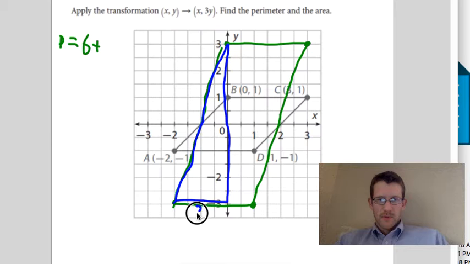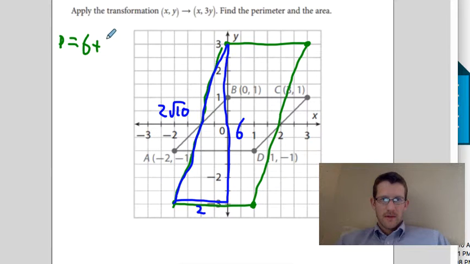It has a width of 2, it has a height this time of 6. Therefore, the length of that, we've done this one, right? It's 36 plus 4, or 40. So the square root of 40, or 2 square root 10 is our length here. 2 square root 10 there. So our final length is 4 square root 10.